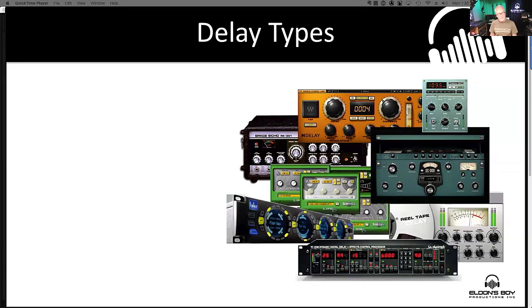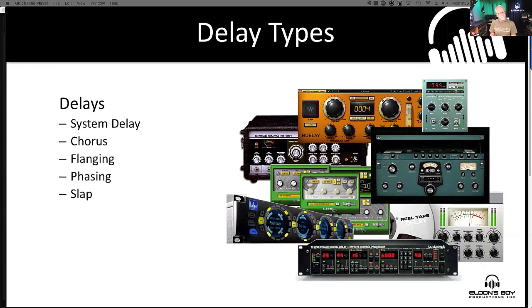I'll just use the obvious argument: you couldn't go out on a tour previous to digital and say, hey, sound company, I need 16 PCM42s. They would have just laughed at you and said, not for the money you're paying us. So now with digital, you can have as much of this as you want, and the selection is so rich. It's really fun, and you can really expand your thinking on how you use them and where you use them.